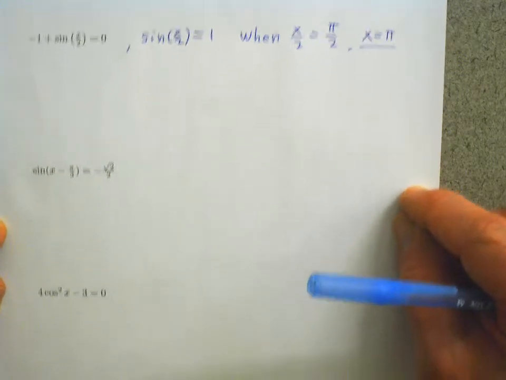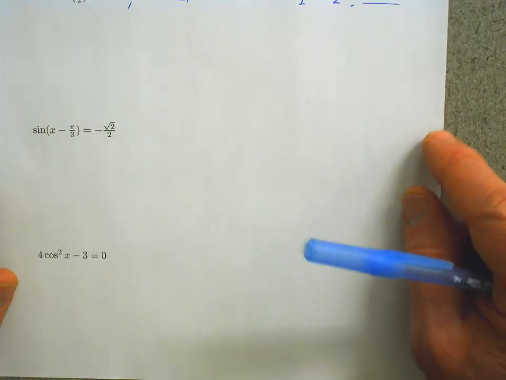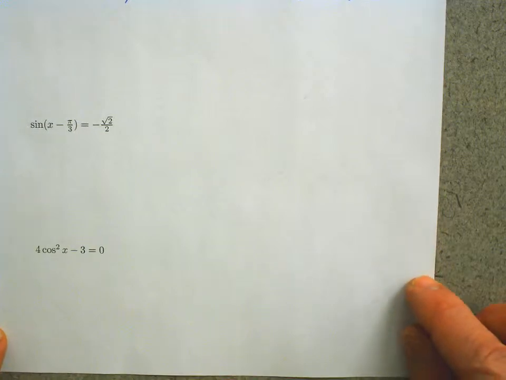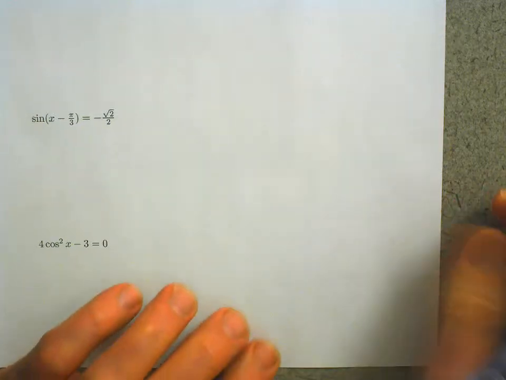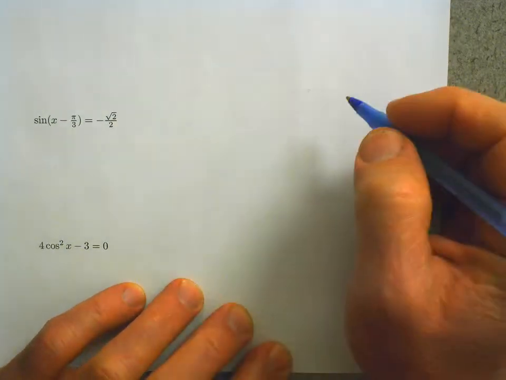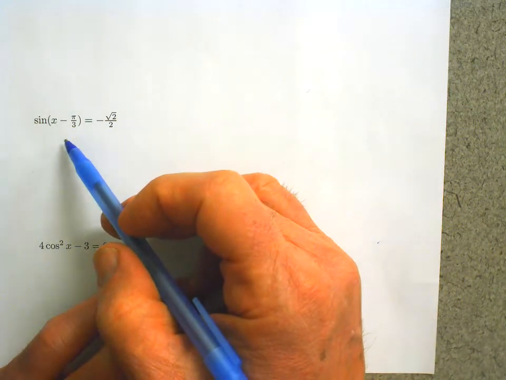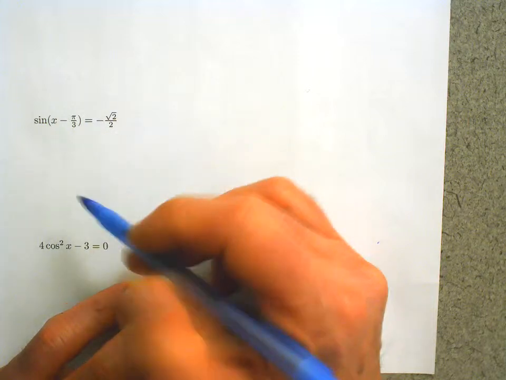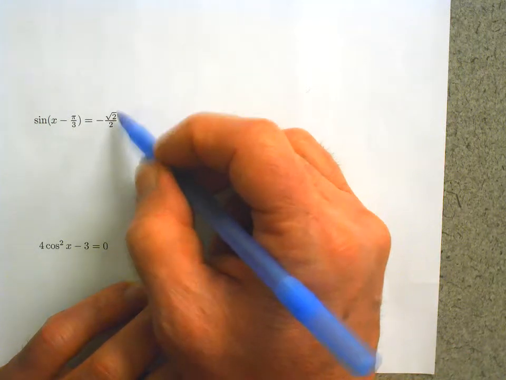Okay, then the next one, sine of x minus pi over 3 equals negative square root of 2 over 2. Well, let's see what happens if we just go straight forward. We know that sine of 5 pi over 4 is negative square root of 2 over 2, and sine of 7 pi over 4 equals negative square root of 2 over 2.